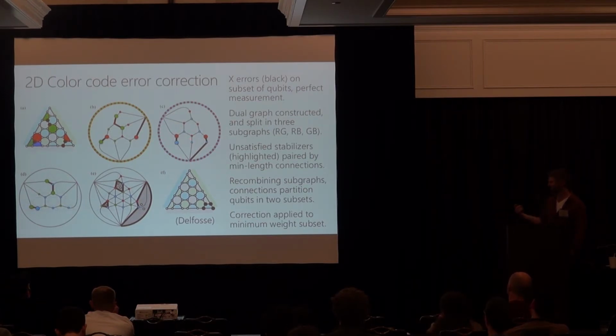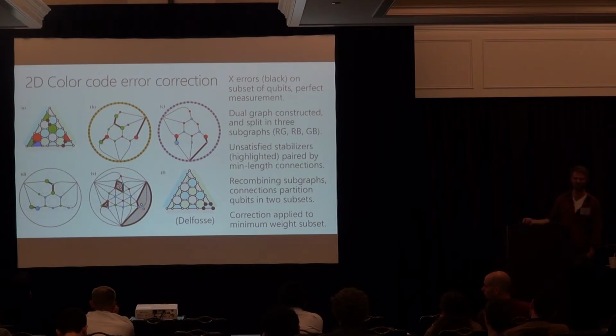Within each of those subgraphs, you can do matching whatever way you want. After you put them all together again, at least in this case with boundaries, which is slightly different from what Alex talked about, you're guaranteed to have closed loops. The final step of the decoder is to either apply X's inside or outside the set of closed loops. It partitions the qubits in 2.